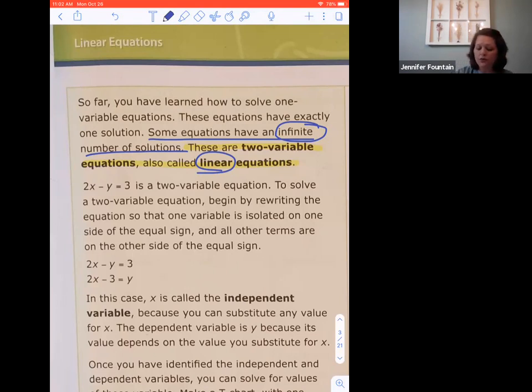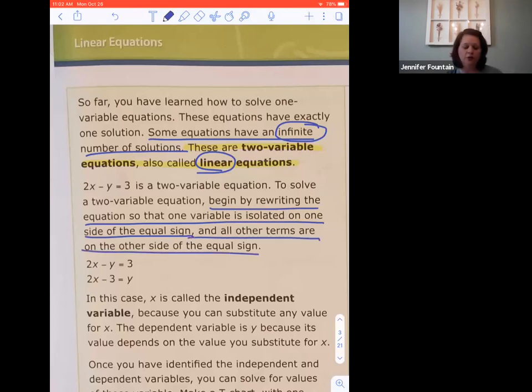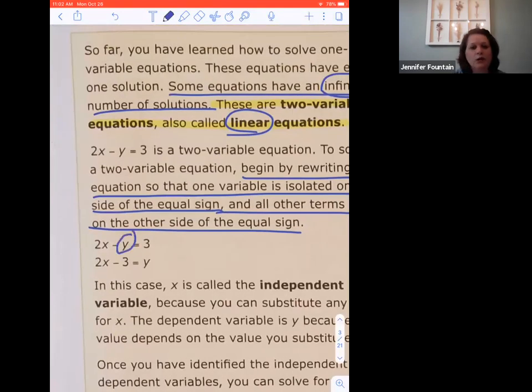To solve a two variable equation, begin by writing the equation so that one variable is isolated on one side of the equation and all of the terms are on the other side of the equation. So in this situation, that means I'm going to isolate y. The reason I'm going to isolate y is because 2x has a number 2 with it, and that means I'd have to divide everything by 2, so it's going to get real messy.